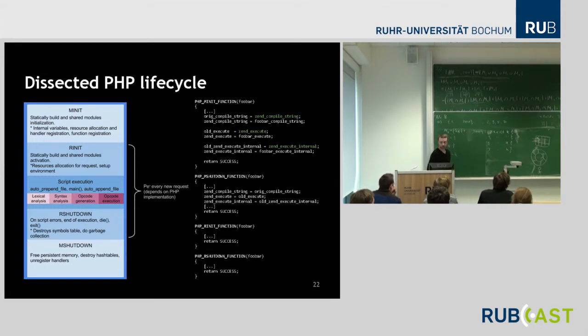Each extension starts with MINIT. It stands for module initialization, so it initializes variables, allocates resources, and does some vital stuff, like for many extensions, hooking functions that are responsible for executing internal PHP functions and PHP user functions. As well, at this stage, at MINIT, you can hook functions that are responsible for calling eval things.